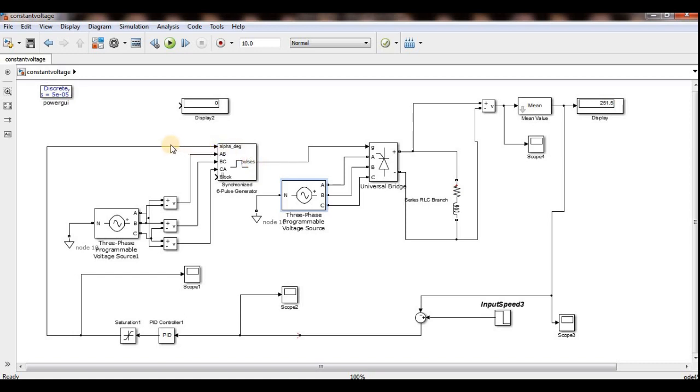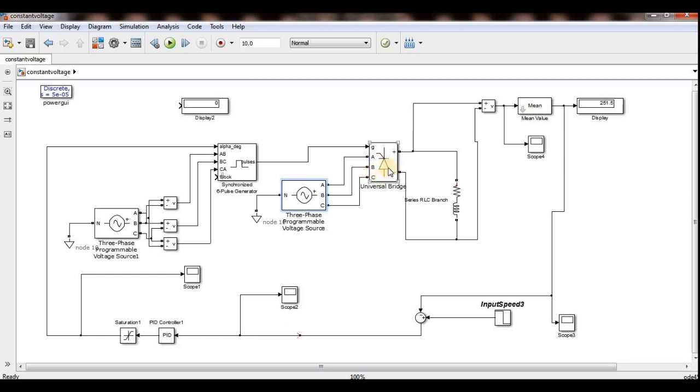So if my alpha, the firing angle, is 0, it can fire at 30 degrees. If my firing angle is 30 degrees, it can fire at 60 degrees. So the 30 degrees is required. It is already explained in my previous video why 30 degrees is required.